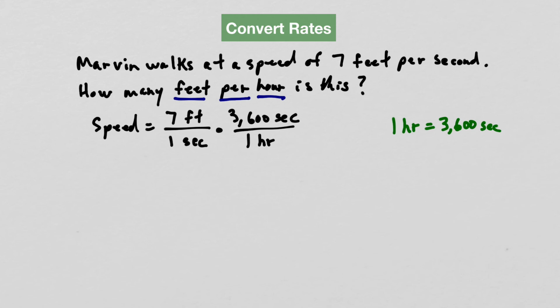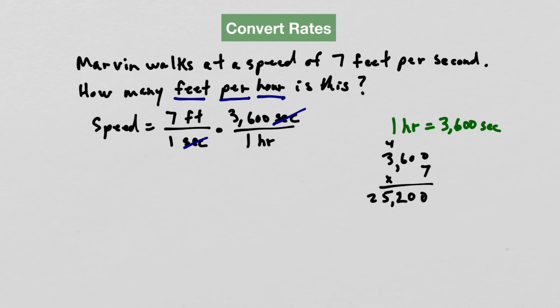Okay? Now look what happens. The seconds unit measure cancel out, and we're left with feet per hour, which is what we want. So we need to multiply 3,600 by 7. Okay? And I'm going to do the calculations off to the side. 3,600 times 7. 0, 0, 2, carry the 4, 25,200.